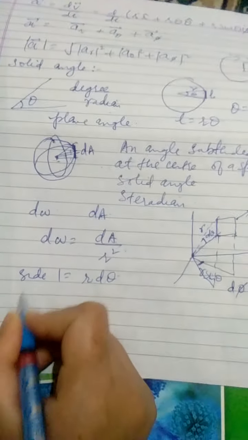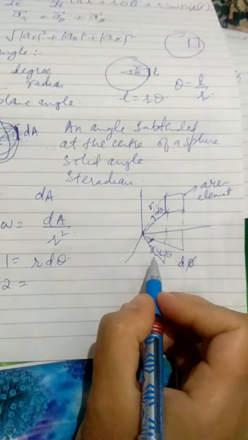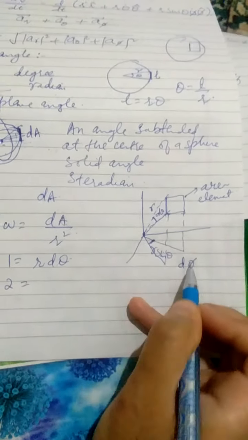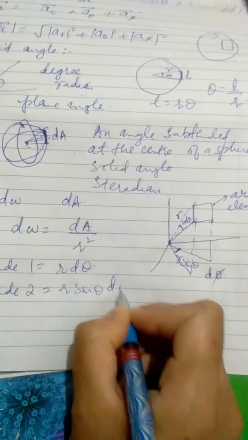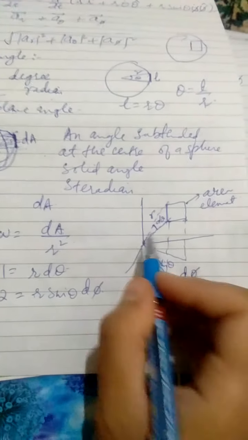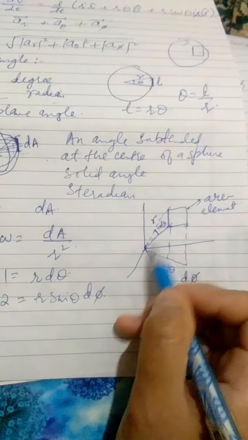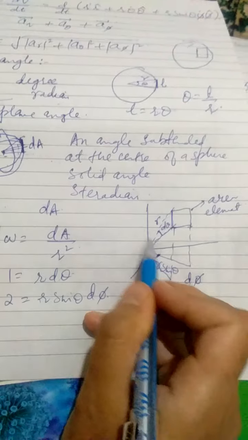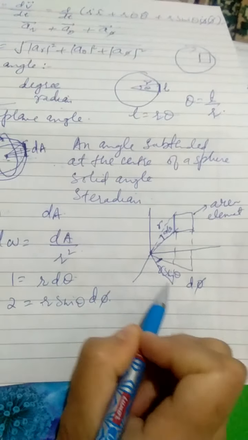And what is side 2? Side 2 of the area element is how much? It is r sine theta into d phi. I don't need to go into detail what this r sine theta is. I have already told you in the previous lecture that if this position vector is r, its vertical component with the z-axis is r cos theta and the other component is r sine theta.